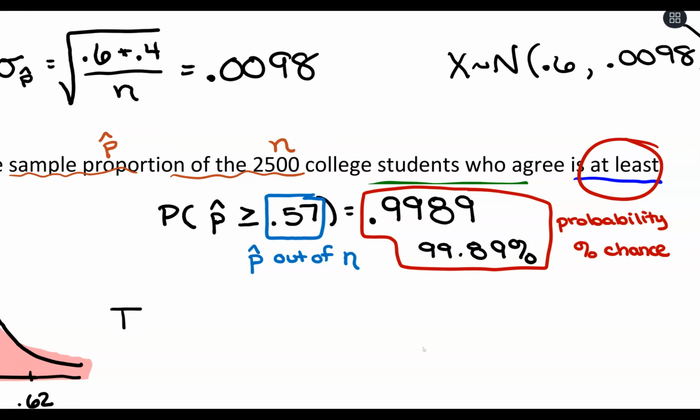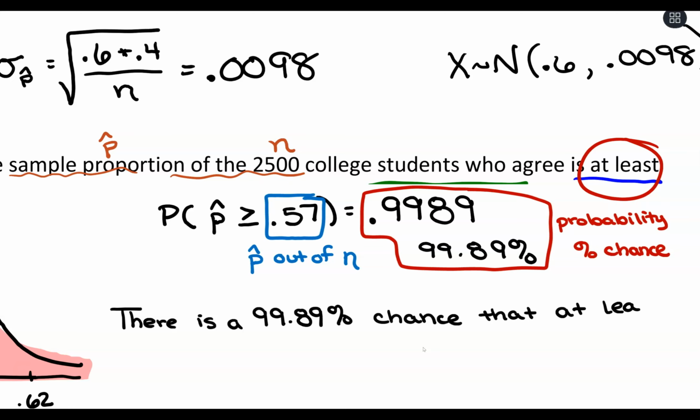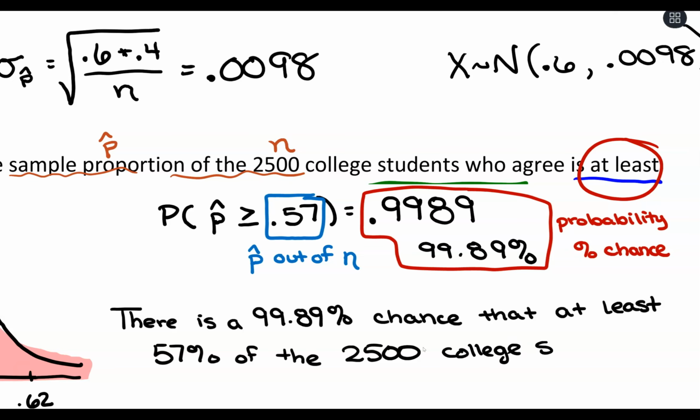So I would say there is a 99.89% chance that at least 57% of the 2,500 college students agree.